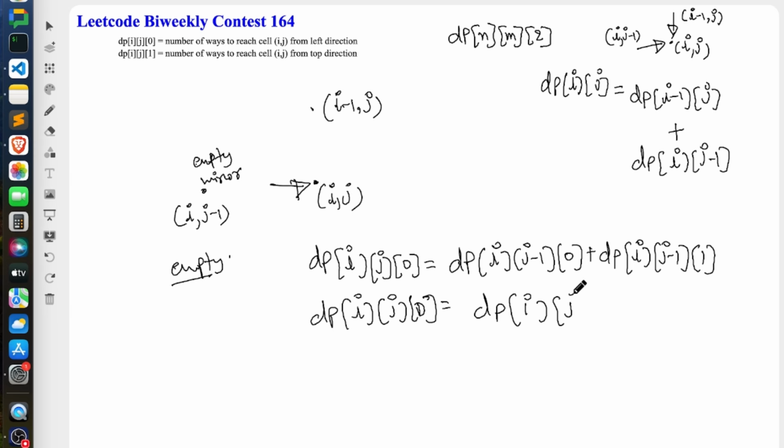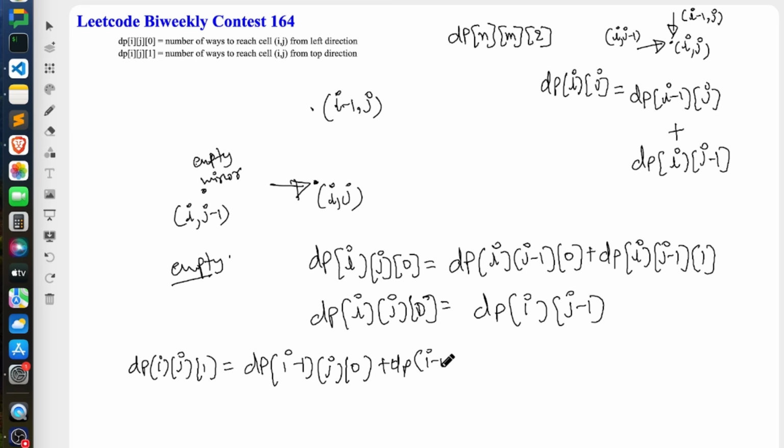And similarly, for the right direction, your DP of i, j, 1. Let's consider the case when it's empty. It would be DP of i minus 1, j, 0 plus DP of i minus 1, j, 1.